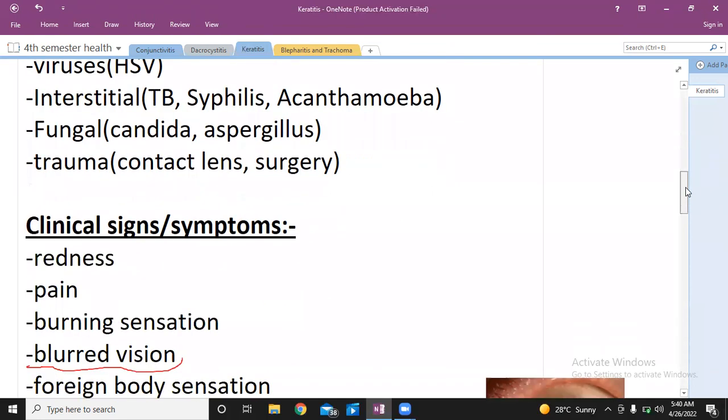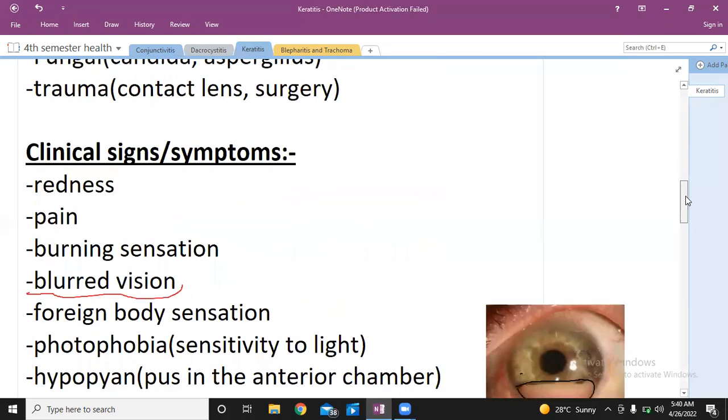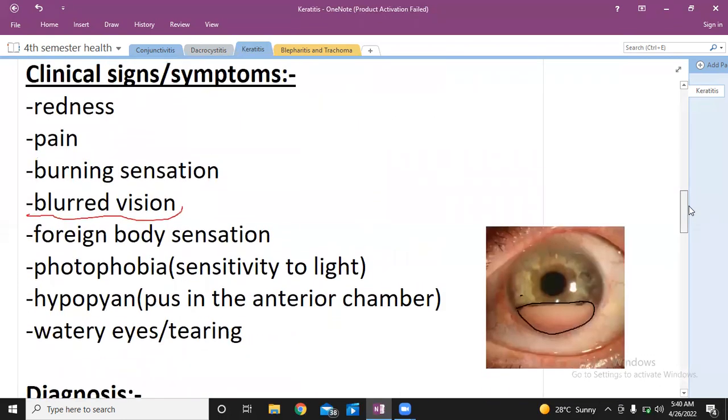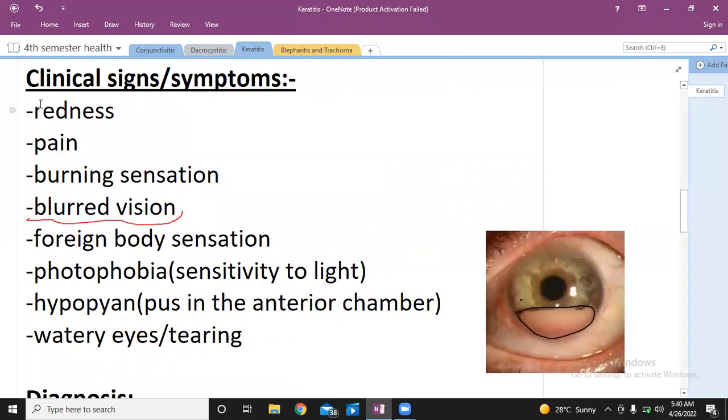All of these causes will have some symptoms. What will be the common symptoms in a keratitis patient? The common symptoms include redness, pain, burning sensation, and blurred vision, which is very much the point of diagnosis. There will be foreign body sensation, photophobia, and hypopyon.